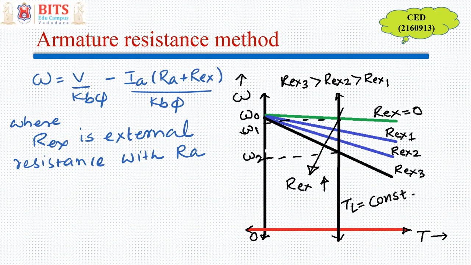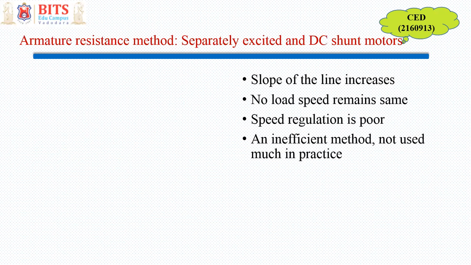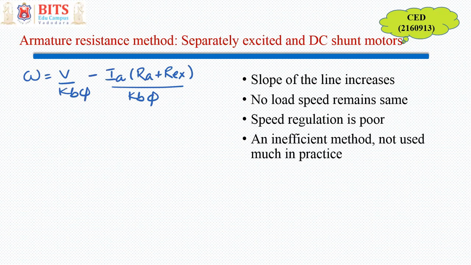So in practice, on paper it is all right, theoretically it is all right, but these days there are more advanced and better methods available. So this is the method which we do not use much in practice, right? So this is once again the slope of the line decreases, as we have already seen.